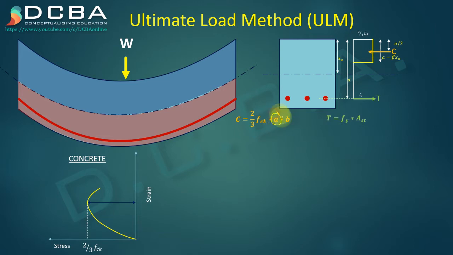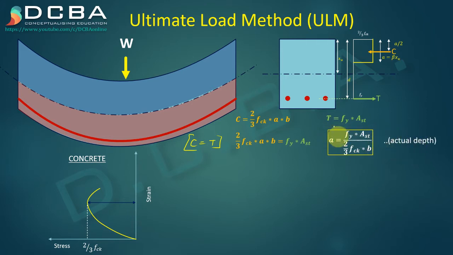For finding the actual depth A, we will equate them both, C equal to T. So 2 by 3 FCK A B is equal to Fy into AST. So A is Fy AST upon 2 by 3 FCK B. This is your actual depth A.